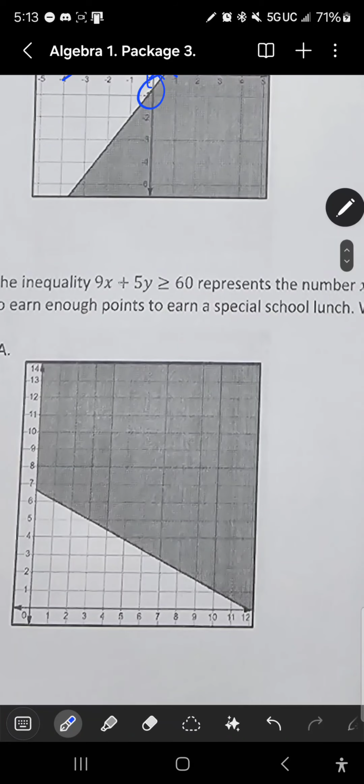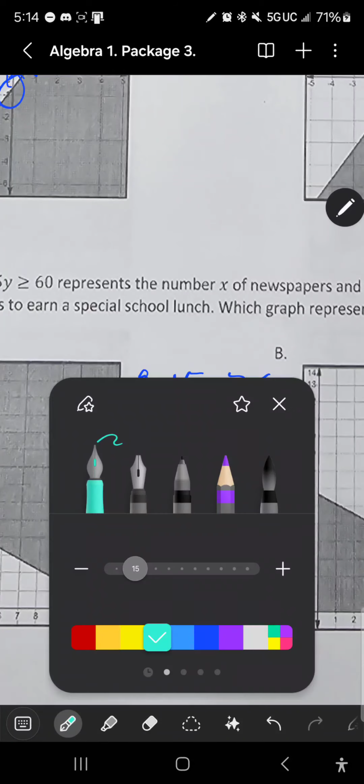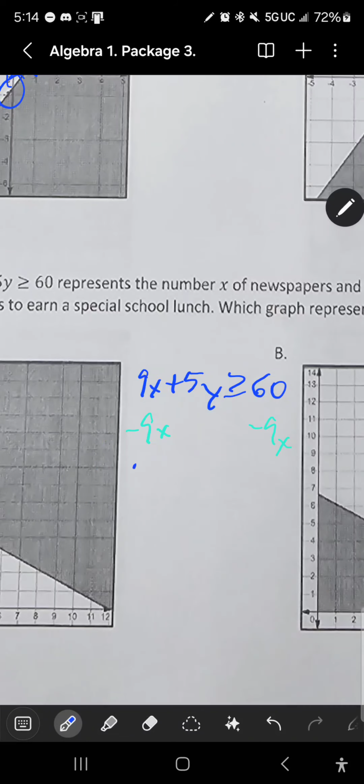So I have 9x plus 5y greater than or equal to 60. So I'm going to subtract 9x from both sides. 5y greater than or equal to negative 9x plus 60. Now I'm going to divide by 5.